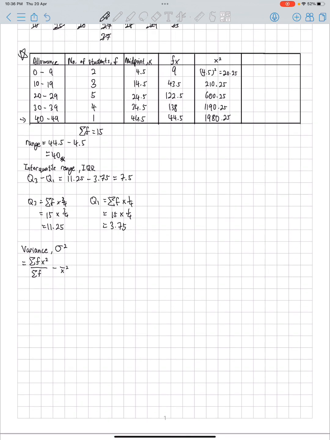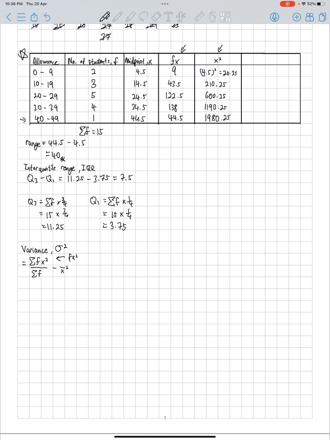So we have this already, right? Now why I write this is for later use. For the fx, we'll use it later, and we write the x square for us to find the fx square.